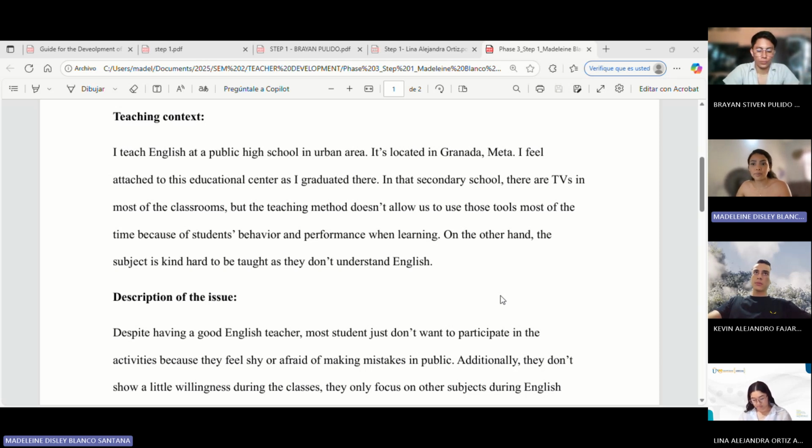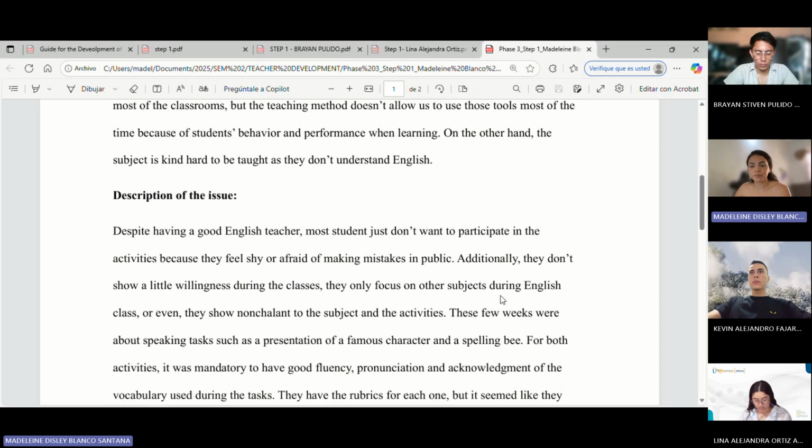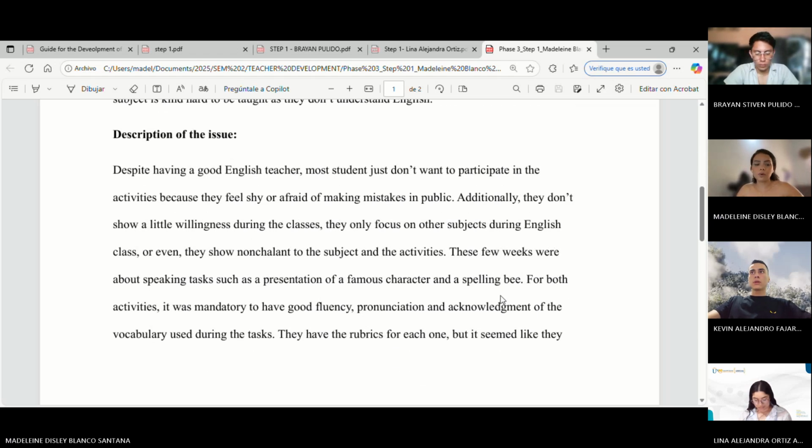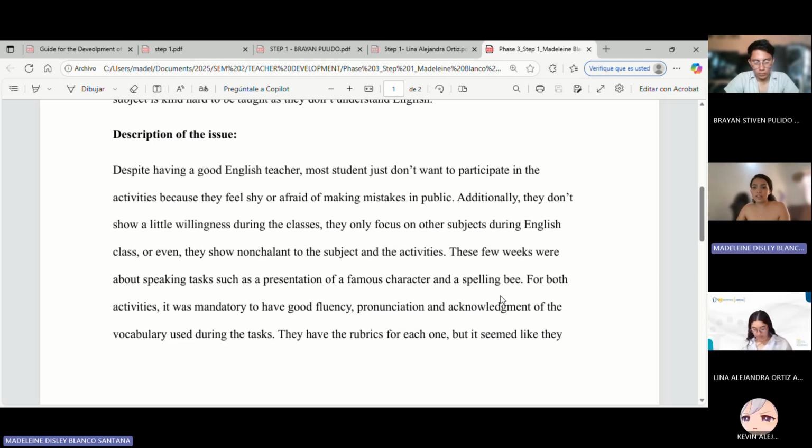Even though I helped them with all of that, they were not prepared at all when presenting the character. I consider myself good at what I do, so I dedicated enough time to all the students, together with the other teacher, to help them with pronunciation and the poster they had to design.